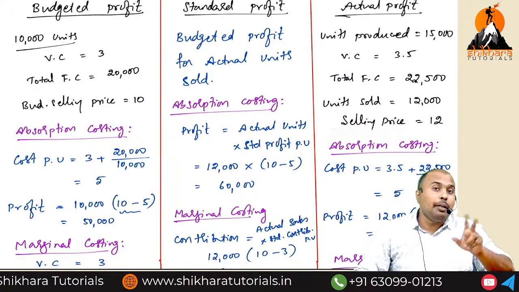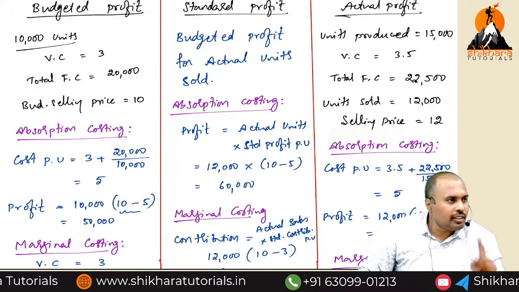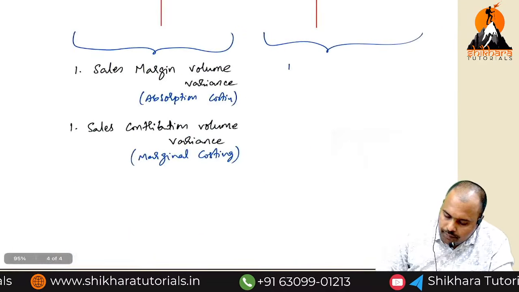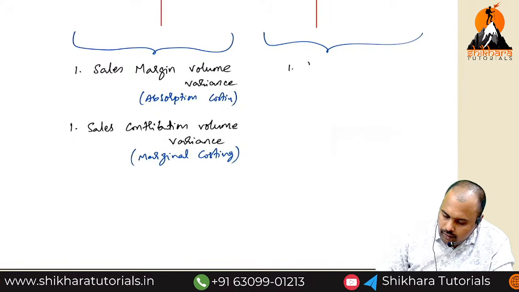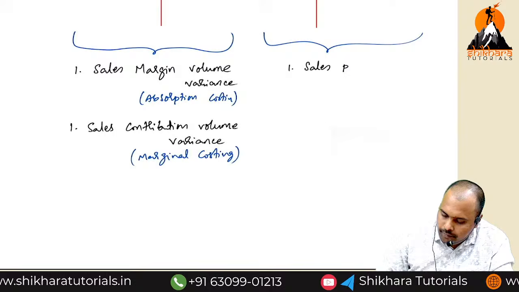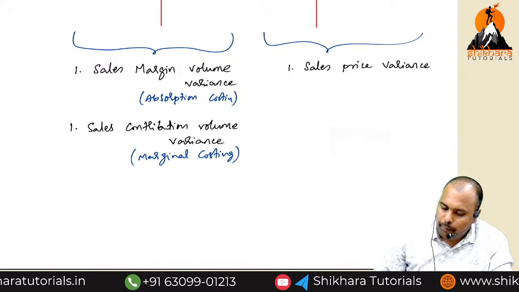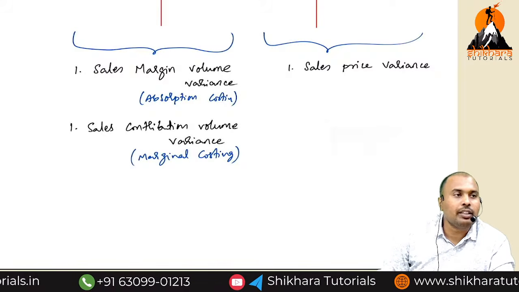It means selling price variance is one reason. So the first reason between those two is sales price variance. And remember, sales price variance or sales margin price variance will give the same answer.